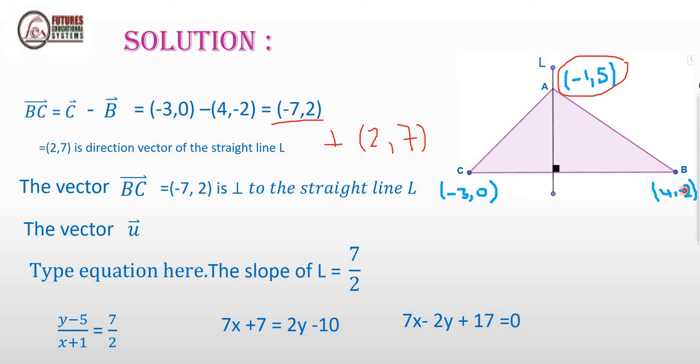Again, from the beginning, we get BC. To get the directed vector BC, using vector BC equals C minus B, we get the directed vector BC, (negative 7, 2), which is the direction vector of the straight line L. For the straight line L perpendicular to BC, change x and y and change the sign to get the direction vector of the straight line L that is perpendicular to BC.